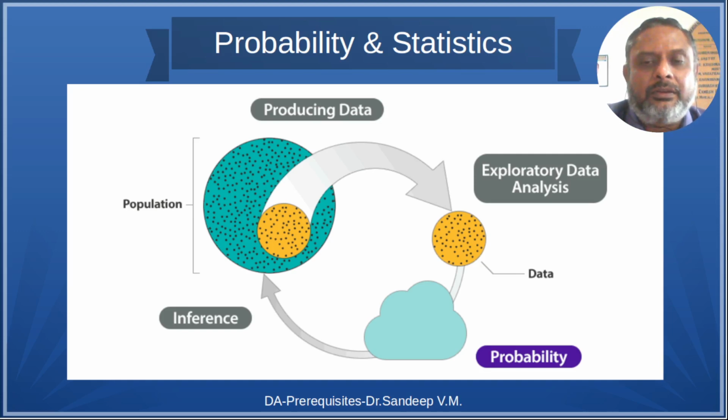You can't say it looks like this, you can only say that it may look like this, because we are not working on the whole population, we are working only on the data which is part of it. So you collect samples from the population, a handful of samples on which you can definitely do analysis. This is called exploratory data analysis, and this will provide us the probability of the different details, and these are used to infer what the whole population may be.